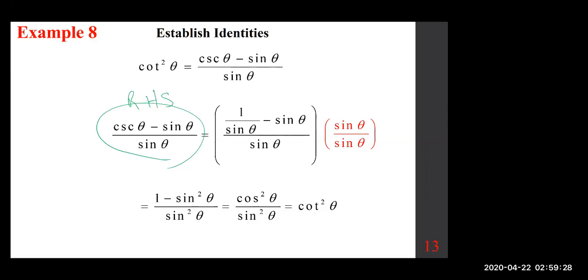And that is what? Cotangent squared. We just established the identity, everybody. That sounds good? Any questions? All right. Let's go to the next page.